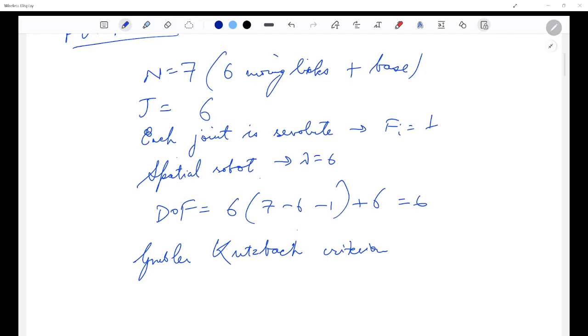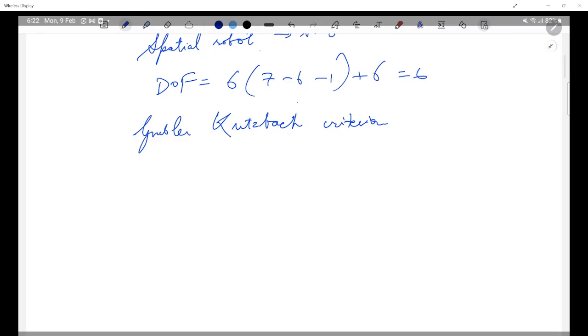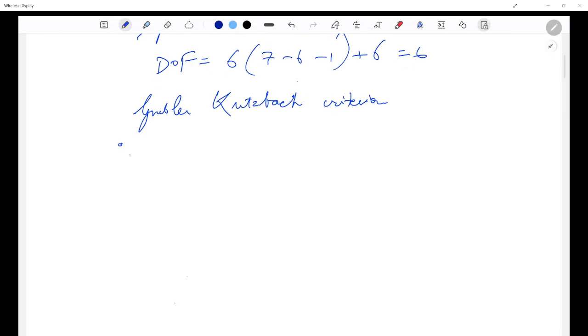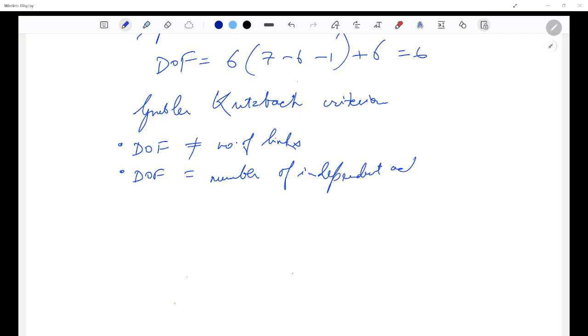Right. So there are a few misconceptions that I want to clear. One of them is that degree of freedom does not mean number of links. Not at all. Degree of freedom does mean number of independent actuators. Let's say you have a 3R robot and you want to place two motors at this joint.